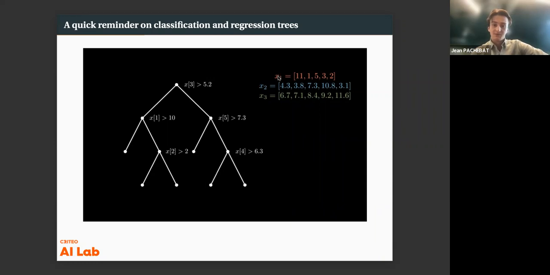In this example, I took 3 data points, and they have different paths across the tree, by doing the computation with the chosen split feature and split value.